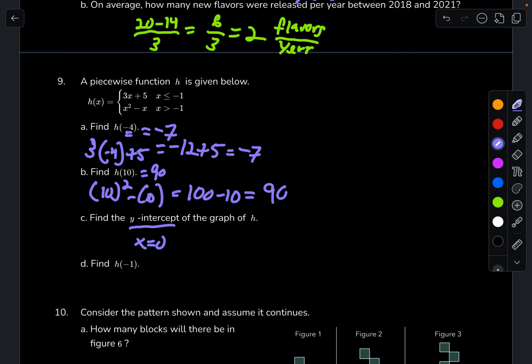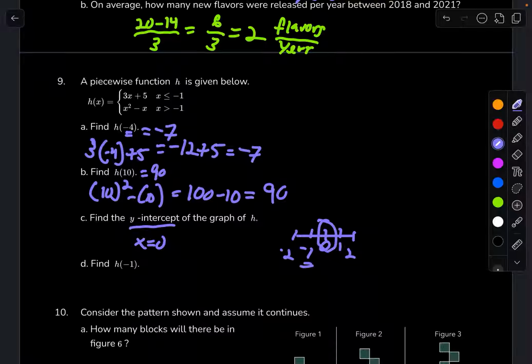So when x is 0, this one might be a little bit tough. Is 0 larger than or less than -1? So think about this. Here's 1, here's 0, here's -1, and -2, and 2. All right, so here's -1. That's the handoff. 0 is to the right of -1.